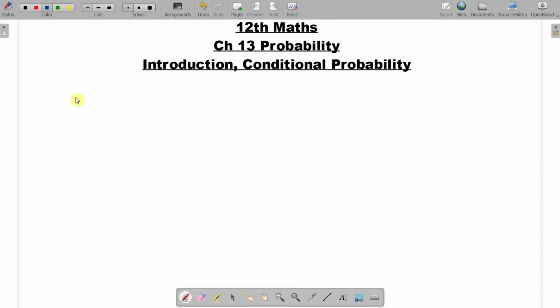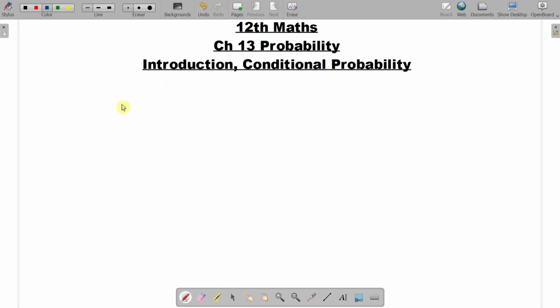Then we have seen also how to calculate the probability of an event of a sample space of a random variable, and we have studied the axiomatic approach of probability, then the classical theory of probability. Now here in this chapter we will learn about the conditional probability, first of all.